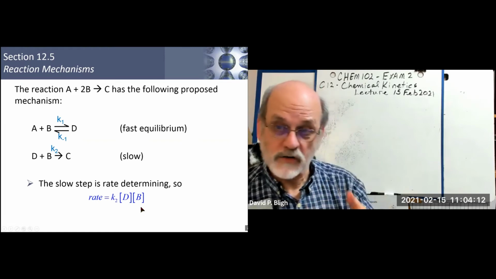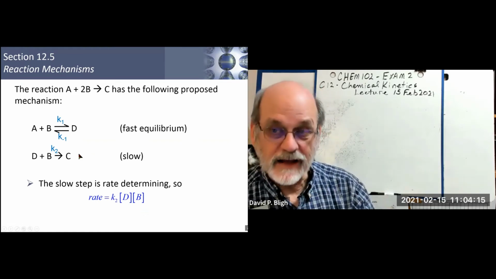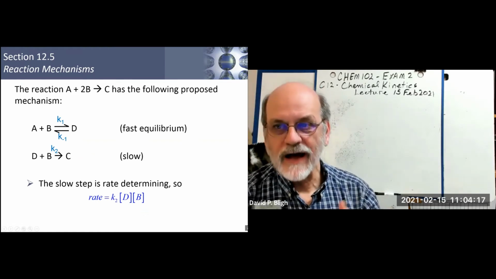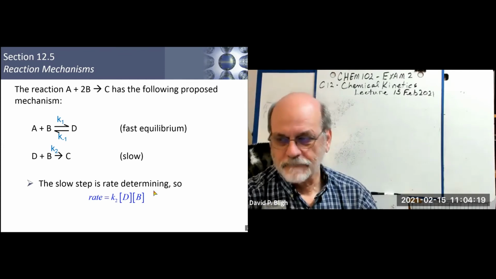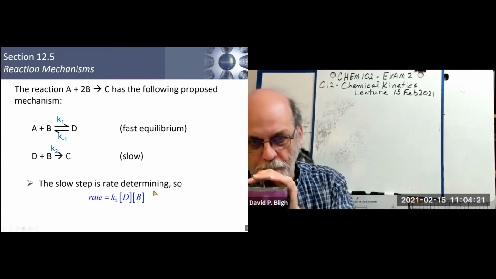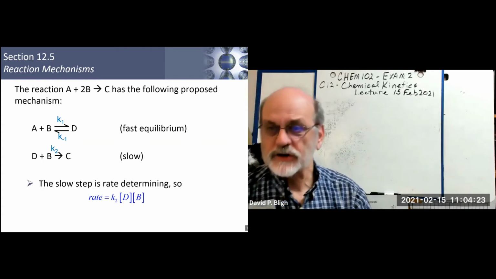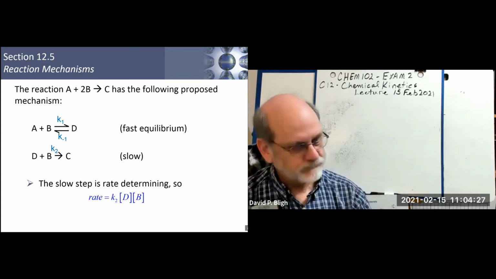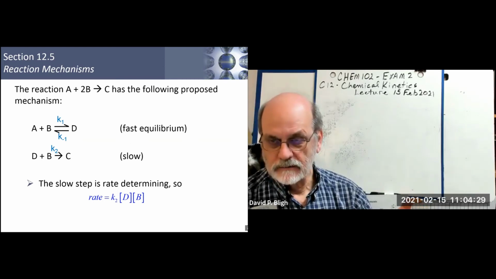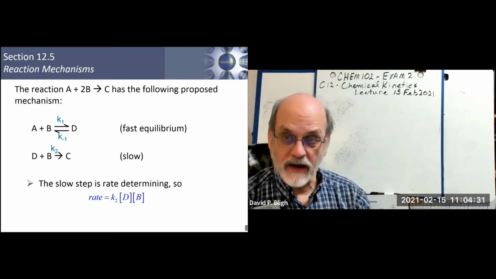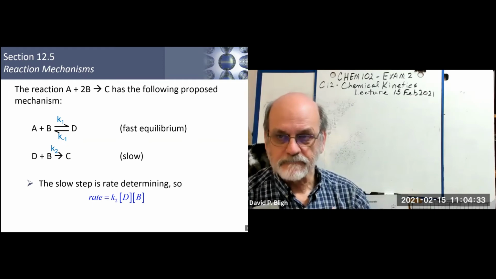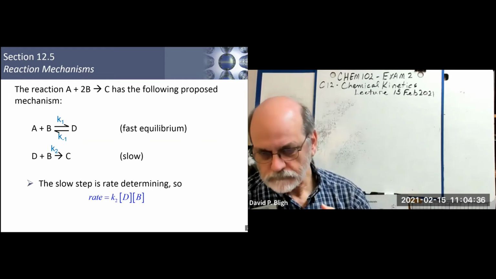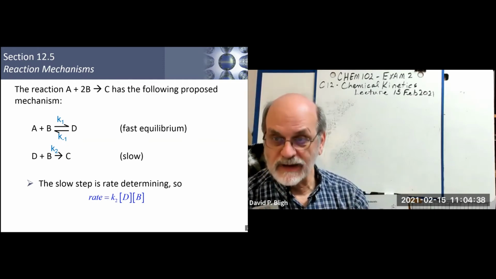So now we are using a balanced elementary step to write a rate law. We couldn't do that before because we had the overall reaction, and from the overall reaction you can't write a rate law, but from the elementary steps, you can, because of that concept of molecularity.